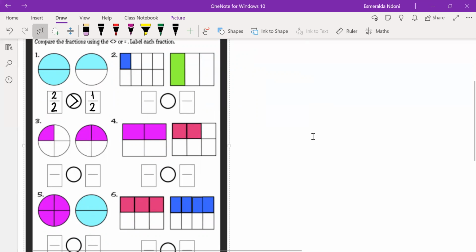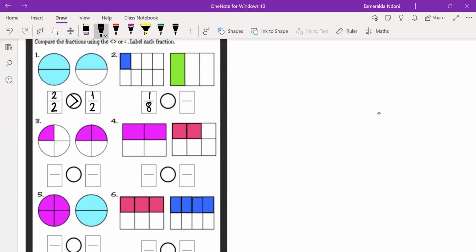We put the denominators first. So what number goes in the denominator? Into how many parts is the first shape split? 1, 2, 3, 4, 5, 6, 7, 8. The denominator is 8. How many of them colored?